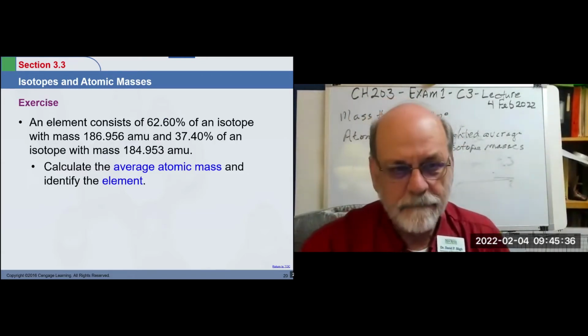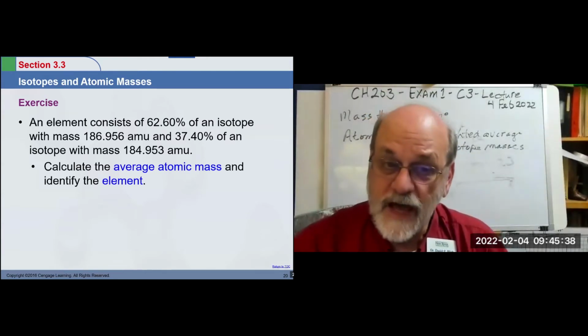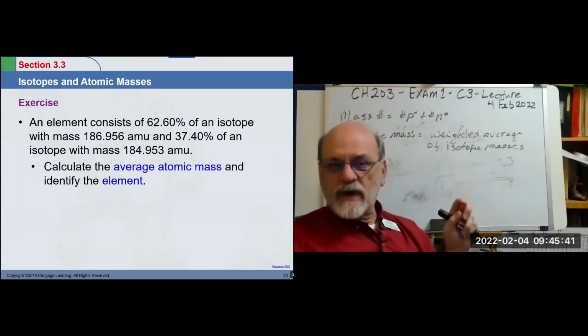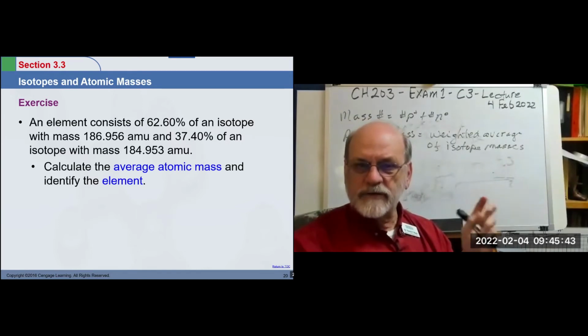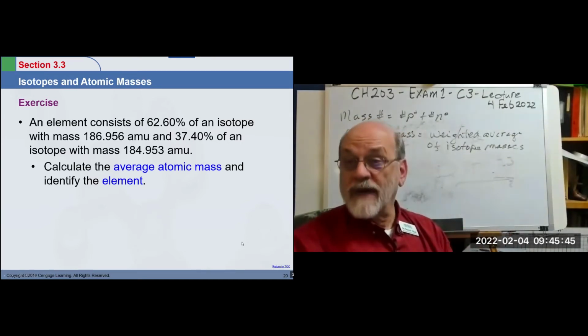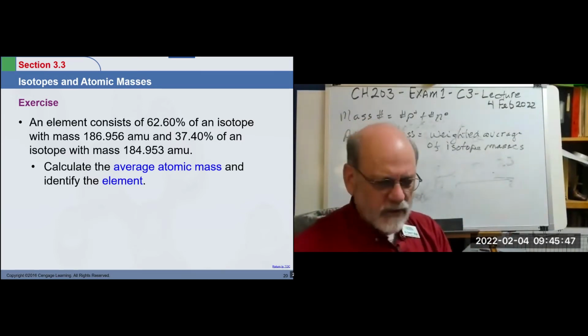Let's see. Okay, so for this exercise, say we have an element and we've determined its isotopes using our mass spectrometer. In fact, let me show you how that works.